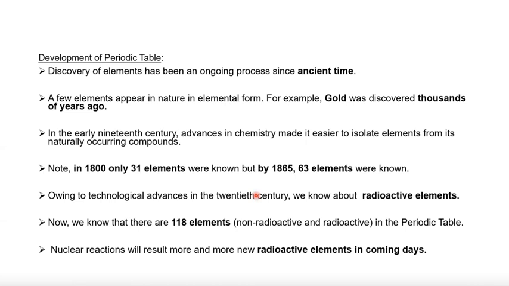But in nuclear reaction, we rearrange nucleons, that is neutrons and protons in the nucleus. And thereby, there is a possibility of getting a new element. So nowadays, new elements are always experimentally determined by nuclear reactions.